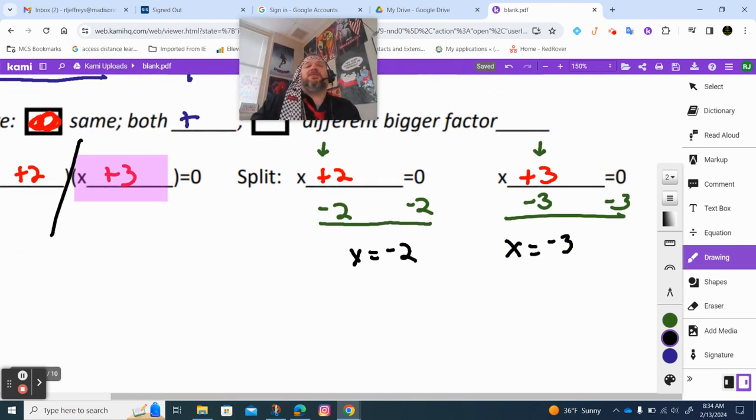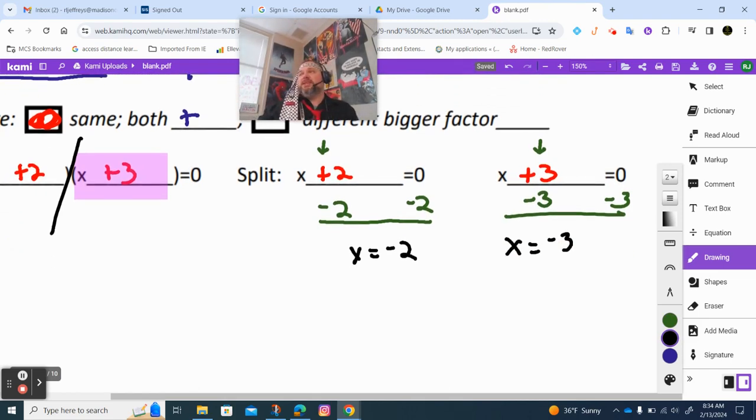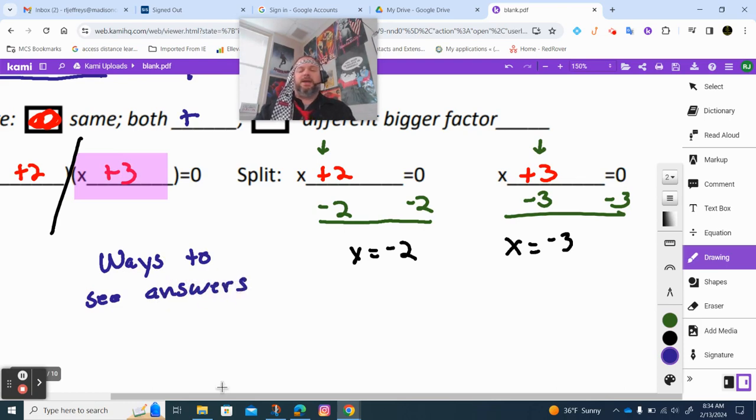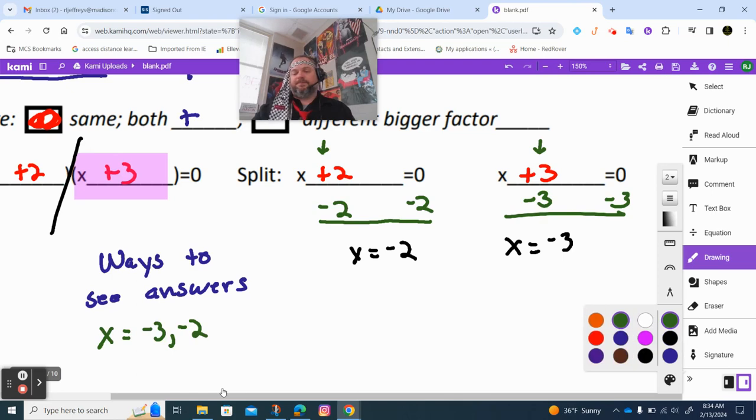there are a bunch of ways that you will see these answers. Okay. One way is this. You'll see x equals -3, -2.